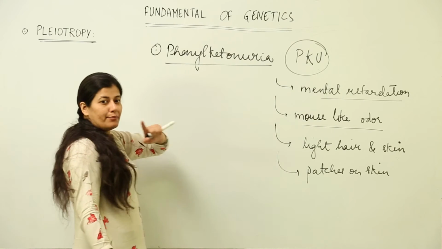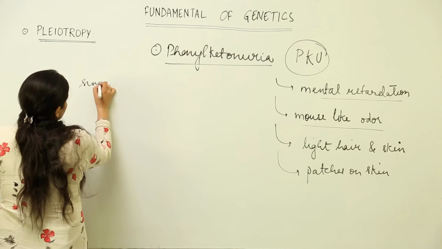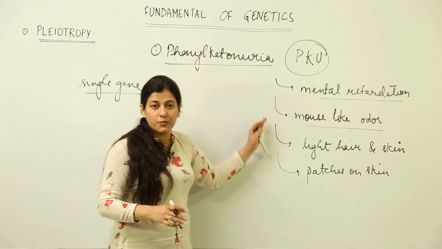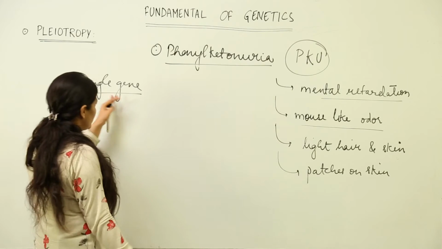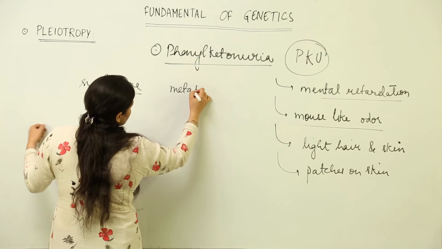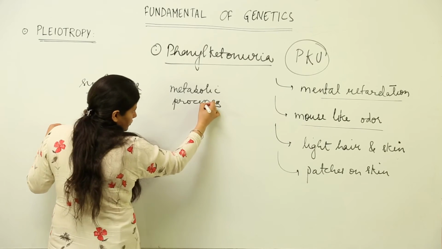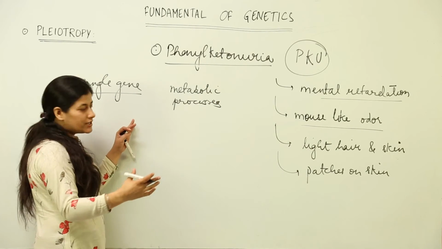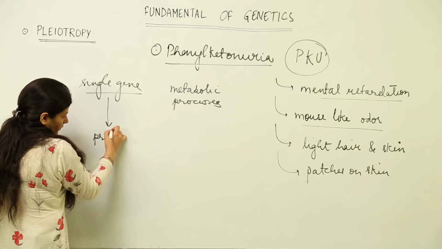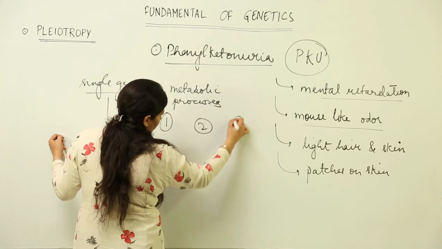Why does it happen? It happens because a gene is non-functional. A single gene is non-functional and all these problems are coming. Now this gene is responsible for carrying out many metabolic processes, and as you know, metabolic processes are interlinked. So whatever this single gene, supposedly it is forming a particular type of protein. That protein is required in metabolic process 1, metabolic process 2, metabolic process 3.